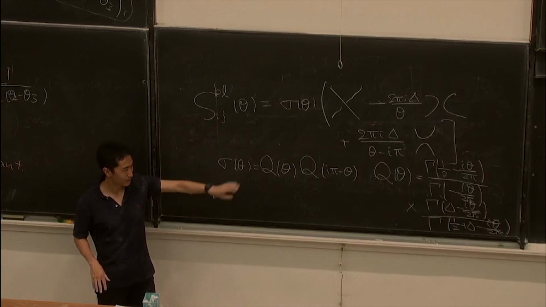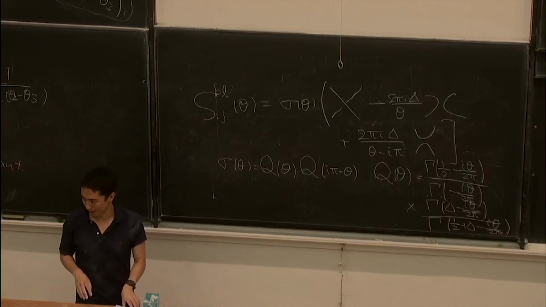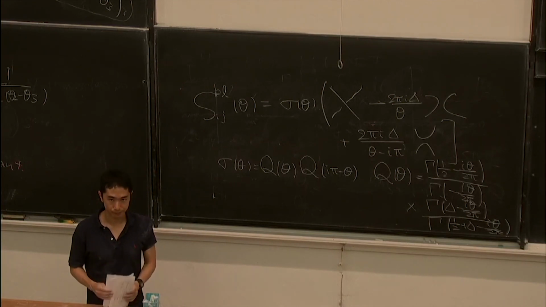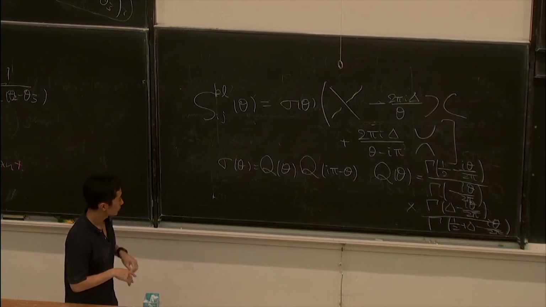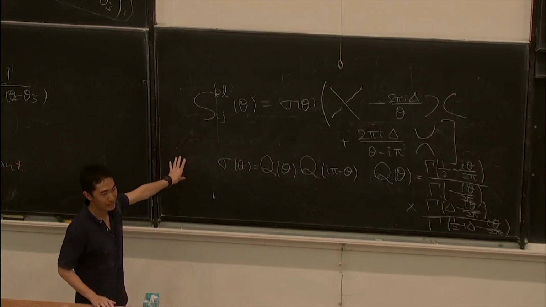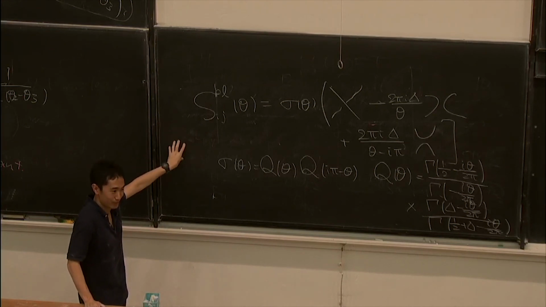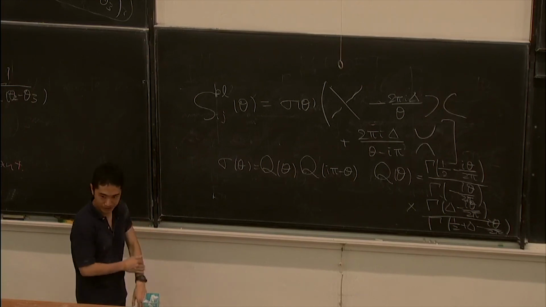But this is in a sense a minimal choice, and other choices look more complicated. So the claim is that this is the answer for the O(N) model, and you can check it against large N perturbation theory. That's what Zamolodchikov and Zamolodchikov did in the original paper.